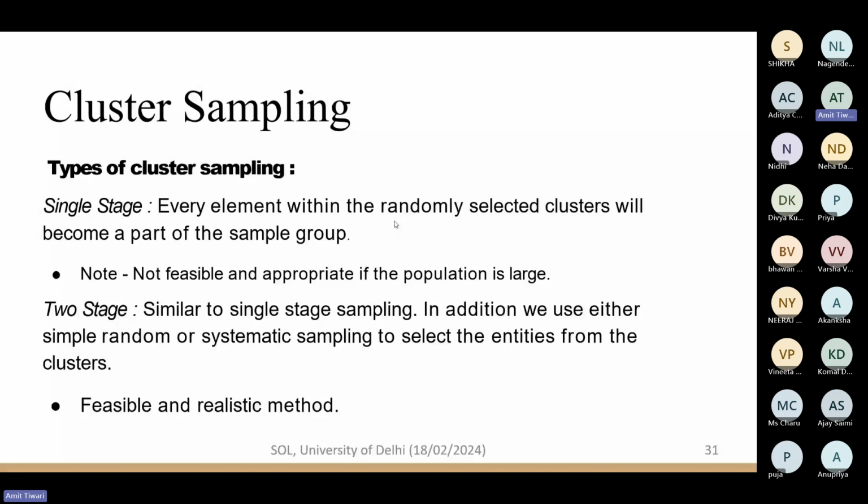The example can be like, suppose you want to study about the people of Delhi, maybe their habits. You want to study the habits of the people of Delhi. So already you have the city. Then since I am talking about people, you can form clusters of different colonies.